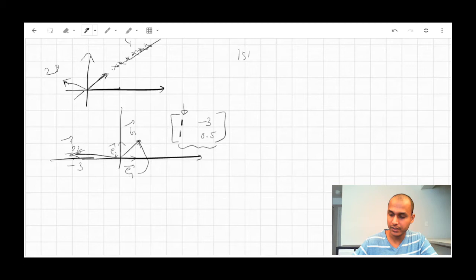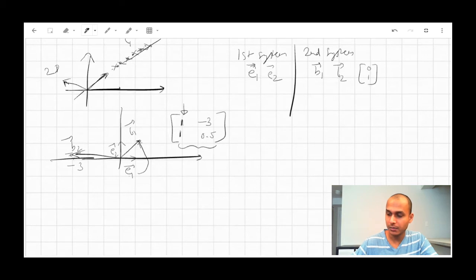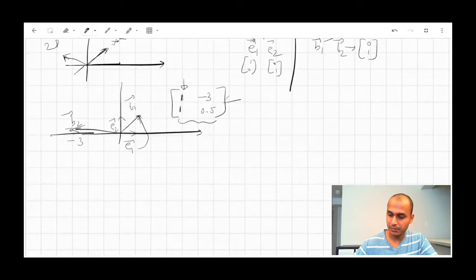Let me write the first system and the second system. In the first system, the basis vectors are e1 and e2. In the second system, the basis vectors are b1 and b2, but when represented in the second system, they are essentially just 1, 0 and 0, 1. For example, e1 and e2 are just 1, 0 and 0, 1, right? In the second system, b1 corresponds to this and b2 corresponds to this. So their representation in the second system is just this, whereas their representation in the first system is going to be, for example, these numbers.